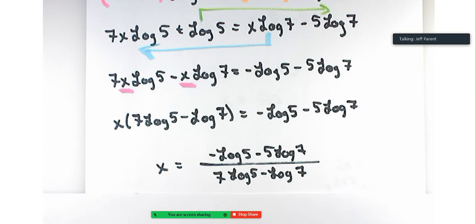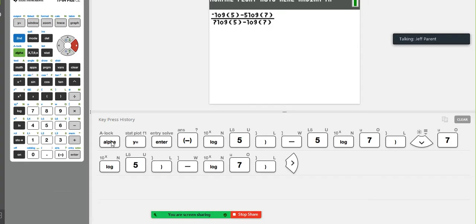Now if you wanted to check that, you can. It's not too hard. I would use the alpha and y equals option, and then the first one there to do a fraction like this. And when it's all said and done, after you type in this answer, you can use the keystrokes that I have right here to copy that work. If you hit the store key and X, you can check it.